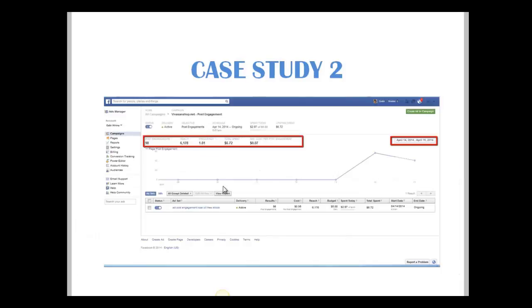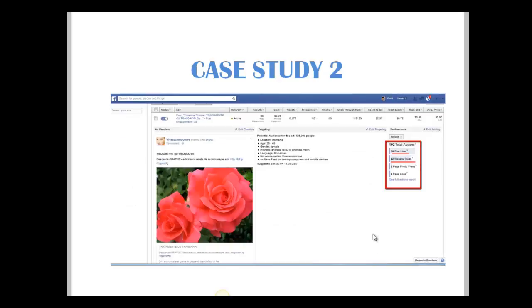Once again, on this page I get basically the same report. It's April 14 to April 15, the end of my case study. 98 post engagements, reached 6,178, frequency 1, total spend $6.72, average cost 0.07.